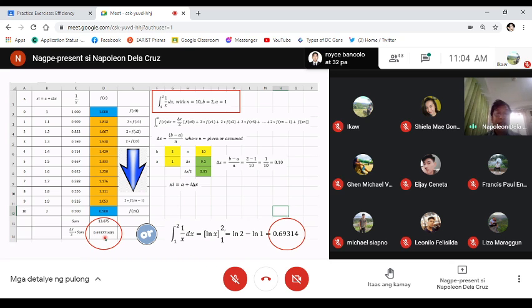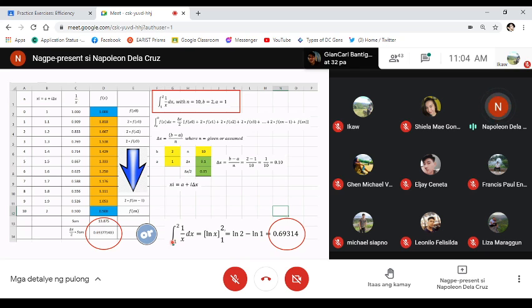So, maliit na lang na diperensya. Trapezoidal rule versus direct integration, halos pareho naman siya, 0.693. So therefore, using integration or numerical integration, you can solve and evaluate this function.